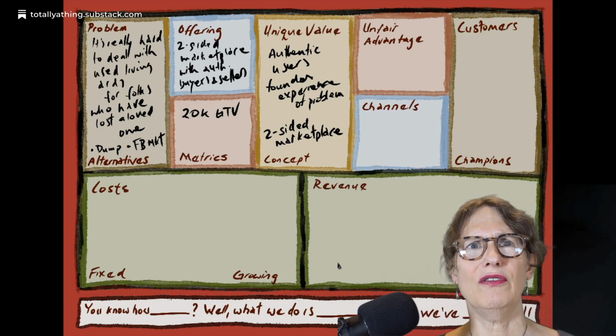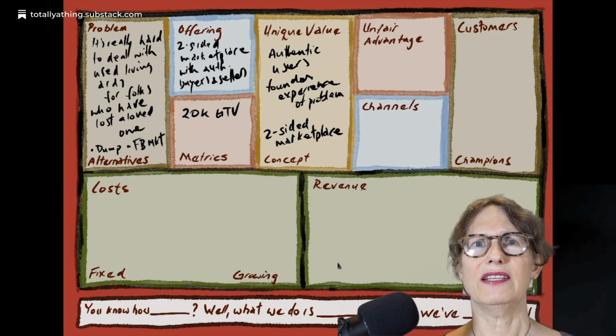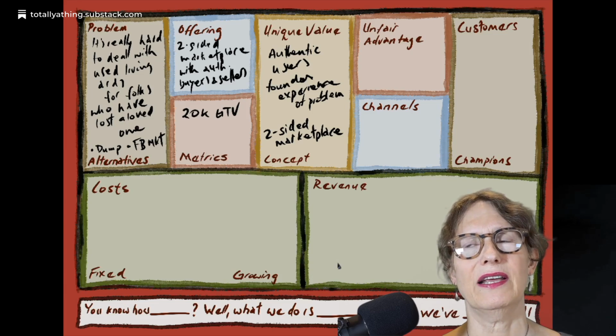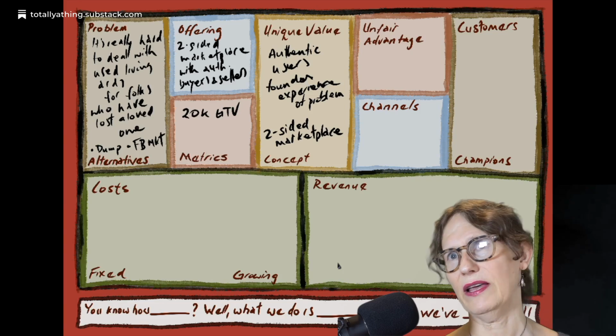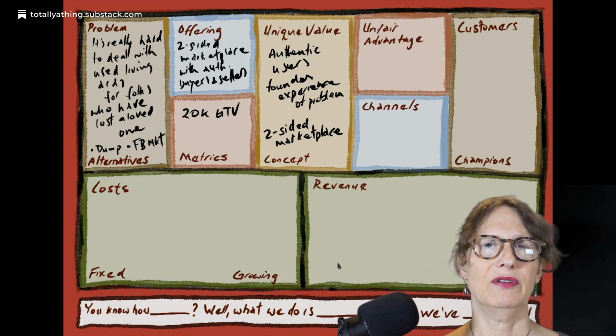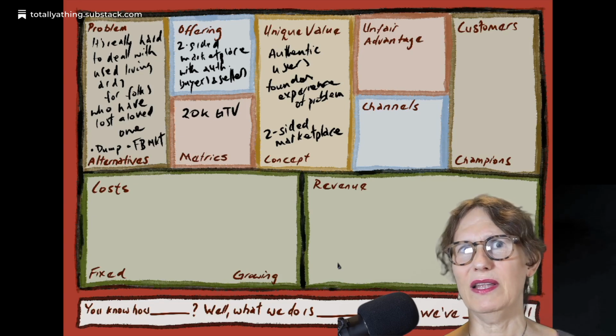Another issue, this unique value of authentic users, that's a tough thing to sell. To me, as an app developer, I can understand the idea, but it really translates to authentication on a platform like Facebook. To an investor, it doesn't really mean a lot at all.